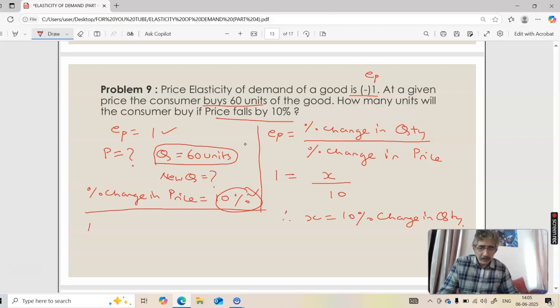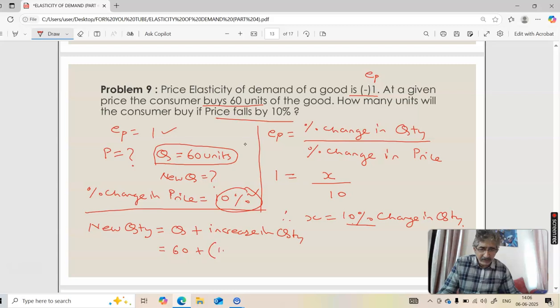So the new quantity, new Q, will be the original quantity plus the increase in quantity, or delta Q also you can write it. Original quantity is 60 units plus an increase of 10%.